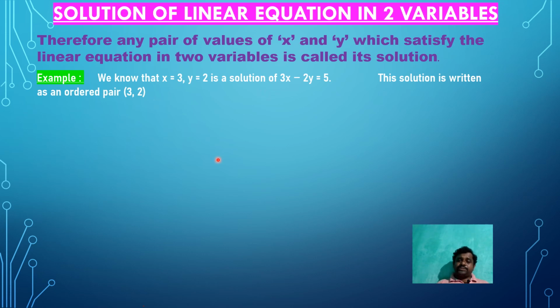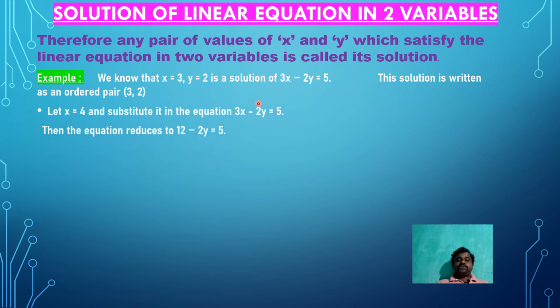How many solutions for this linear equation? Just as we discussed, this linear equation has infinitely many solutions. For example, suppose we take x is equal to 4. How can we solve?